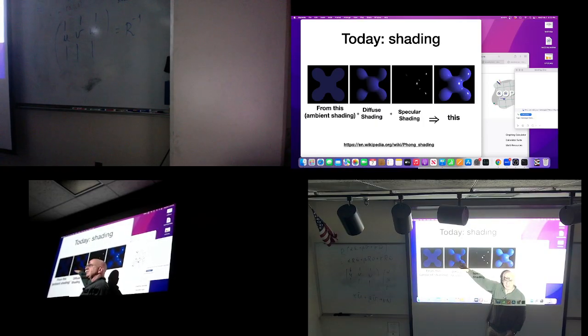Diffuse shading takes into account the color of the object, its ambient color. It takes into account now what the normal is relative to the light at this point. If a point right here has its normal pointing to the projector, to the source of light, then it's highly illuminated, like this point here, this point here.